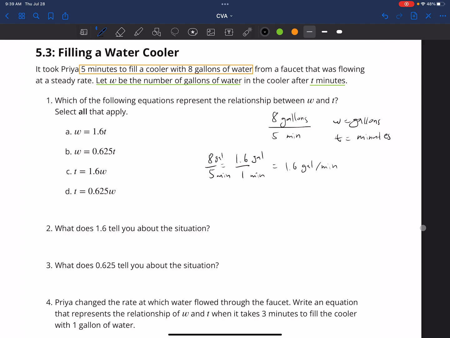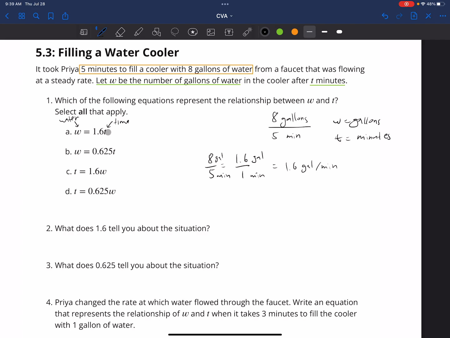If we have W is equal to 1.6 times T, we're taking a look at this problem right here. So this represents time, and this represents water. Let's say I put in 2. It took 2 minutes.